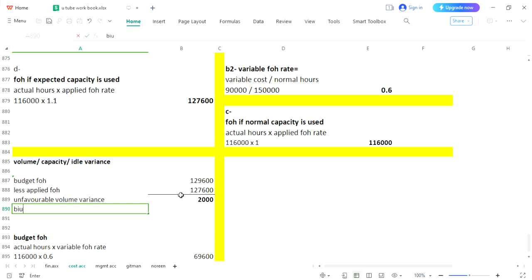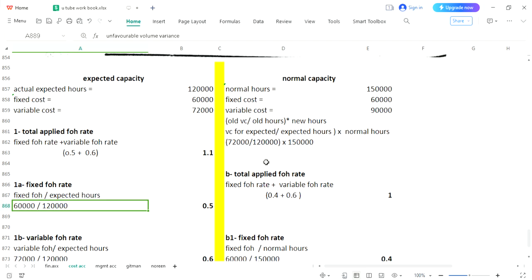Because budget is more than applied FH. This is the reason we have concluded that as budget FH is more than applied FH, it is unfavorable volume variance. So the expected capacity side has been completed, volume variance we have calculated.